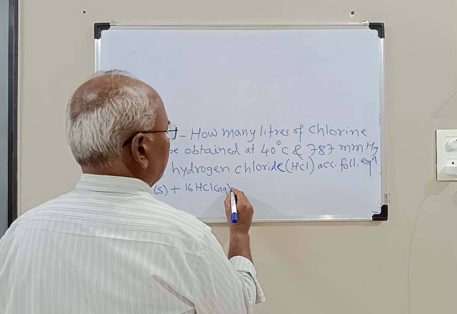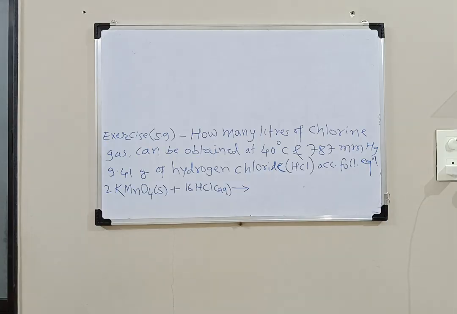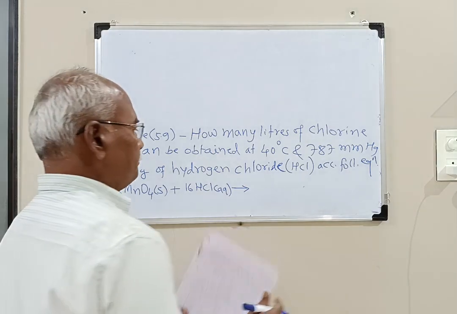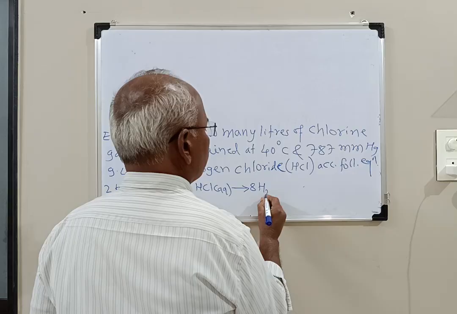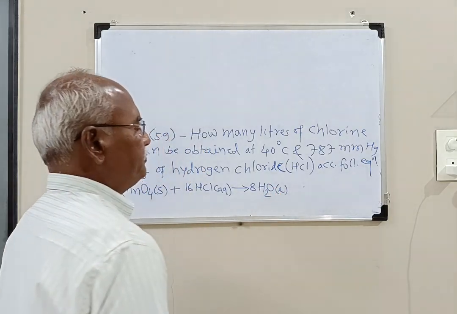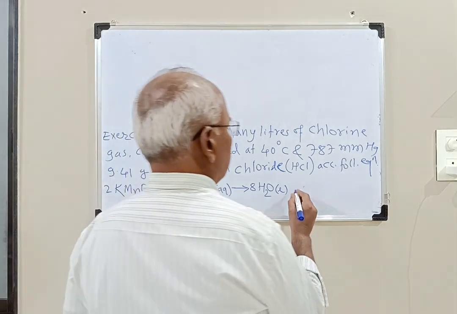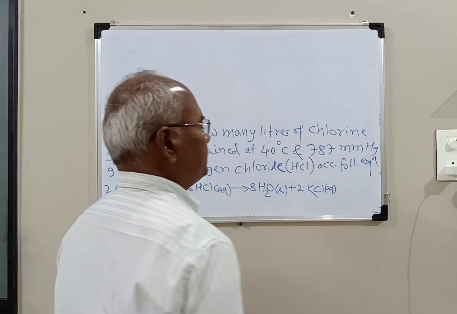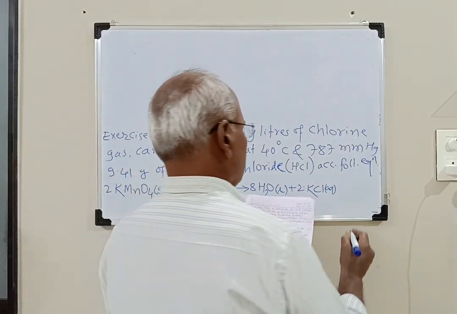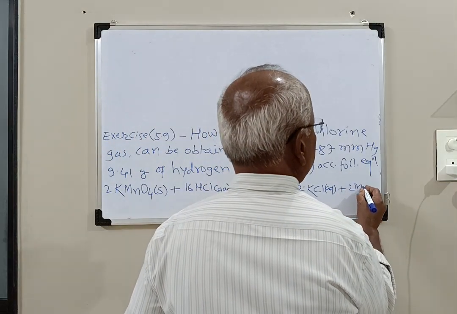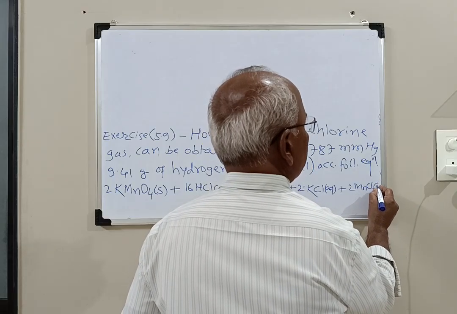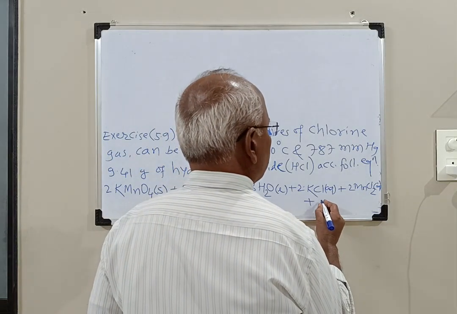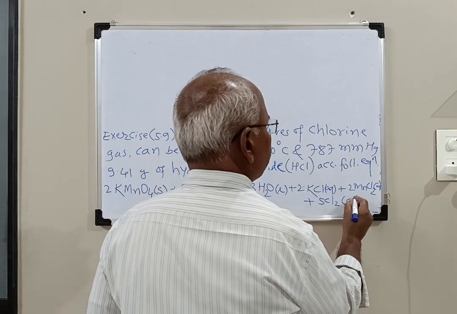It gives the products; these are reactants, and here 8 moles of water are produced, which is in liquid state, plus 2 moles of potassium chloride, which is in aqueous state, plus 2 moles of MnCl2, manganese chloride, which is also in aqueous state, and plus 5 Cl2, which is in gaseous state.